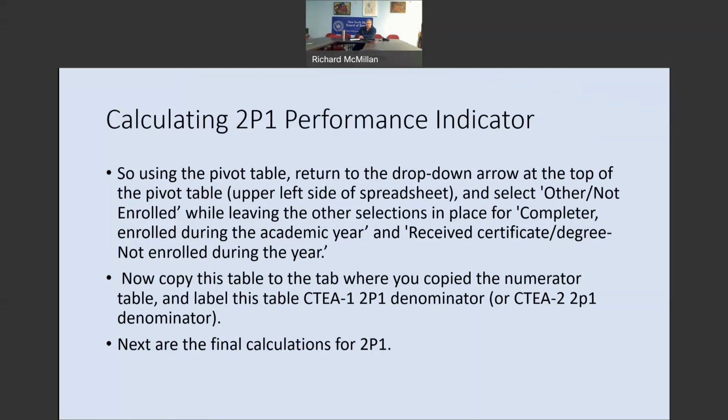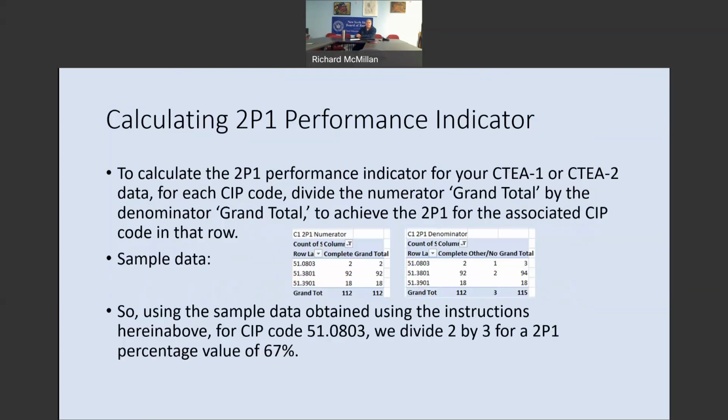Next are the final calculations for 2P1. To calculate the 2P1 performance indicator for your CETEA 1 or CETEA 2 data, for each zip code, divide the numerator grand total by the denominator grand total to achieve the 2P1 percentage for the associated zip code in that row. So we have sample data given in the table.